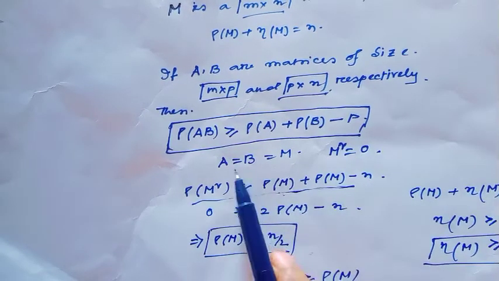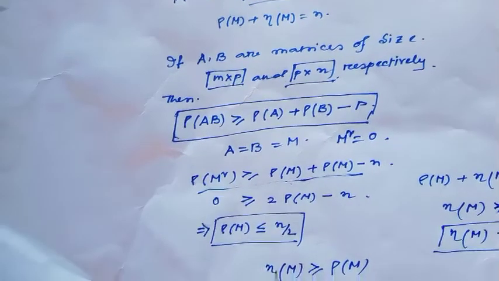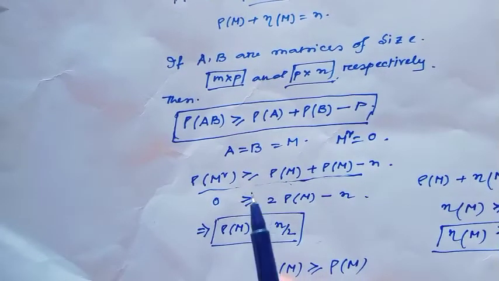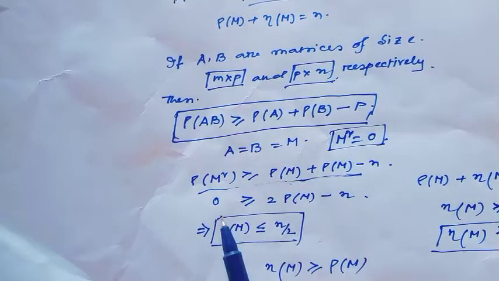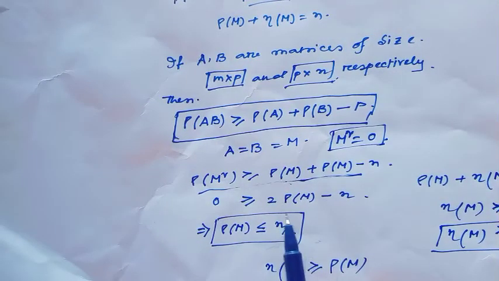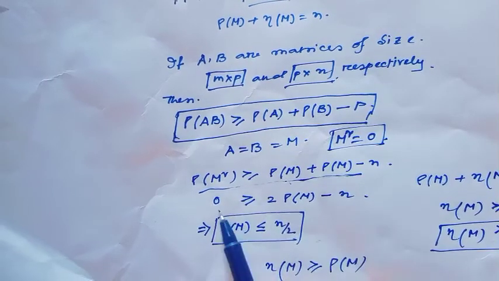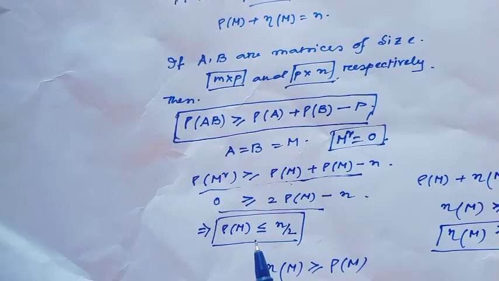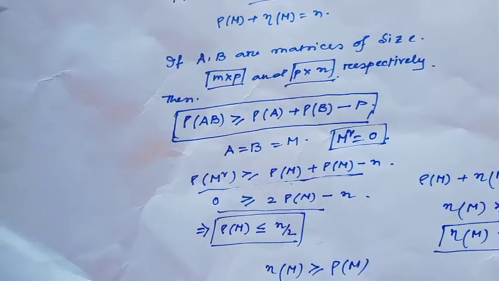Understood why I have considered A equal to B equal to M? Then since given M square equal to 0, it would be 0 greater than or equal to 2 rank of M minus n. That means from this line, this implies rank of M is less than or equal to n over 2.